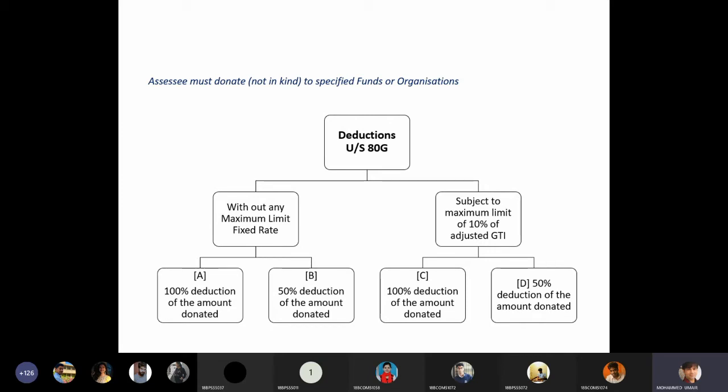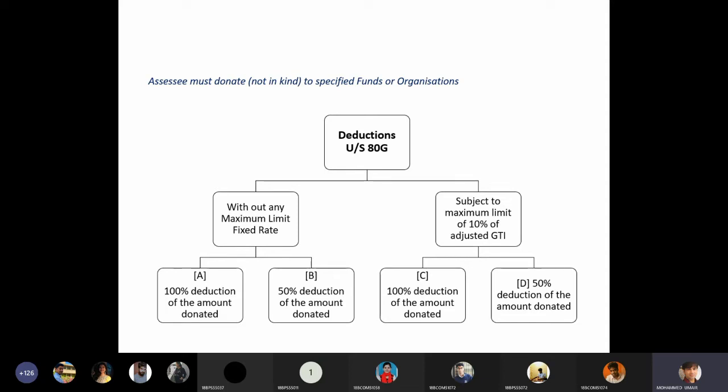So in this C and D category, the amount donated will be compared with 10% of GTI. That's the difference. Here you have to do a comparison. The amount so donated will be compared with 10% of adjusted GTI, and then the final amount will be taken. So whichever is less will be considered.